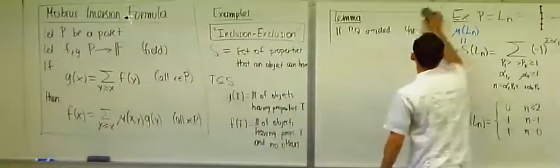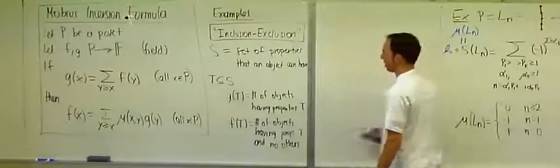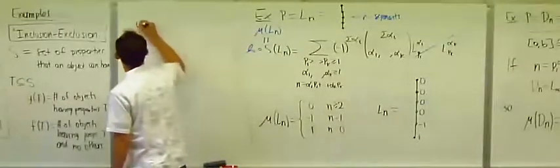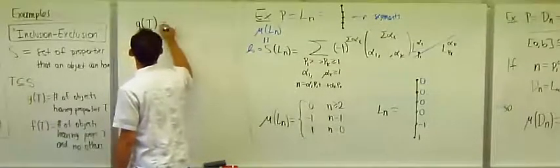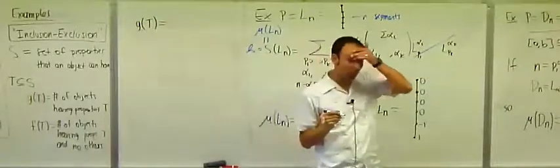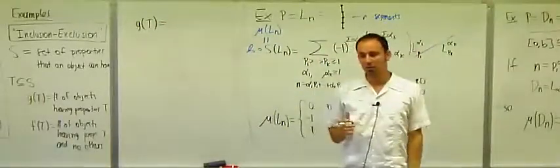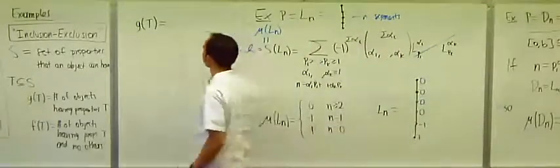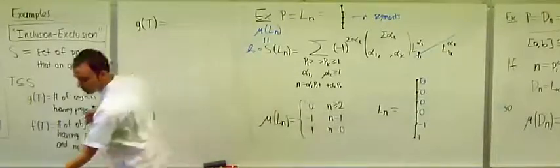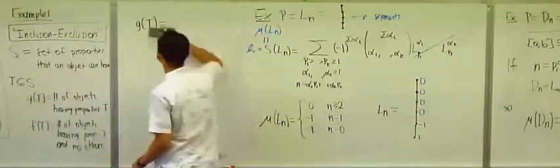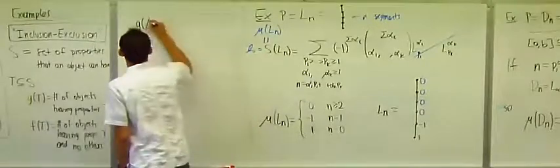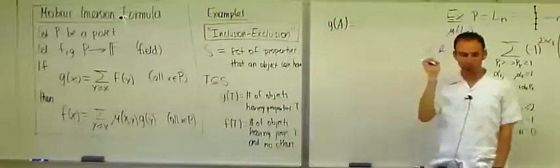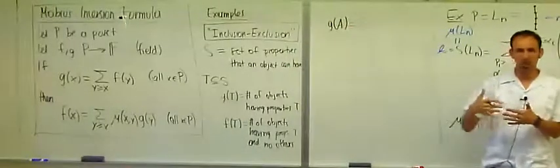Okay. So one thing you'll realize is that if you are an object and you have properties T, that means you have properties T and maybe possibly other ones. So let me switch letters here. If you have properties A, that means you have properties A and possibly other ones.